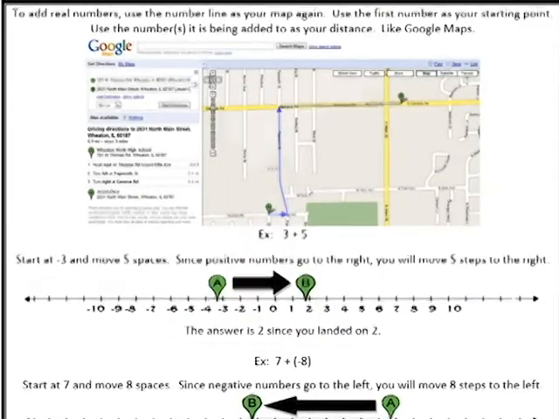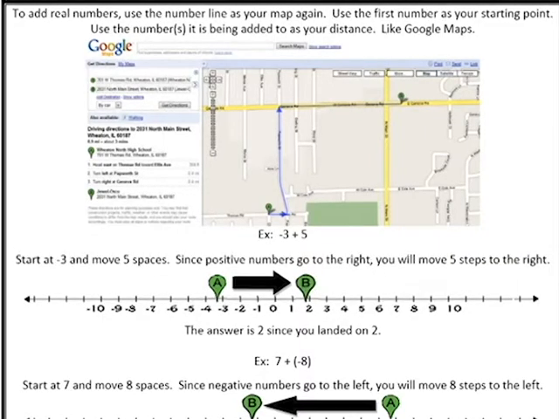To add real numbers, use the number line as your map. Use the first number as your starting point, and then the second number tells you which way and how many steps. So, for example, if I was doing negative 3 plus 5, I'm going to start at negative 3, and I'm going 5 steps. Positive is to the right, negative is to the left.